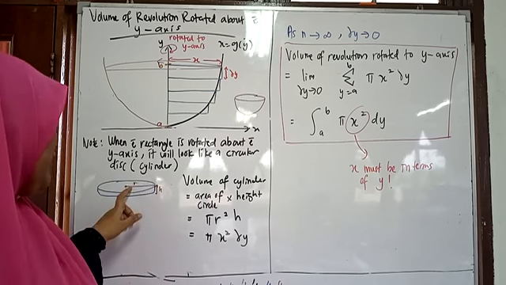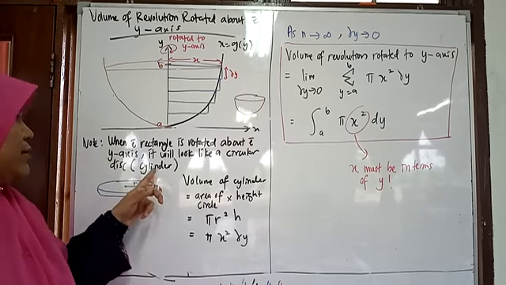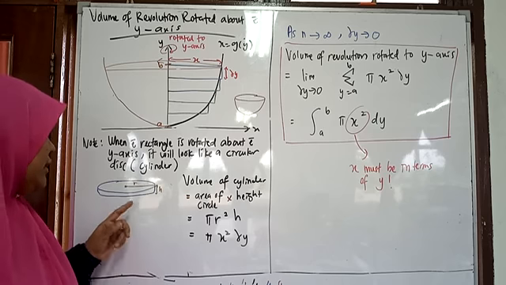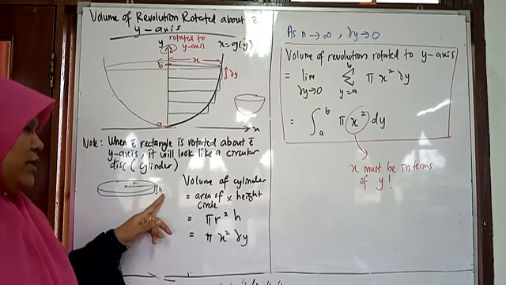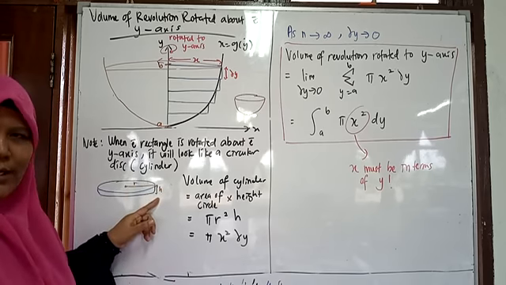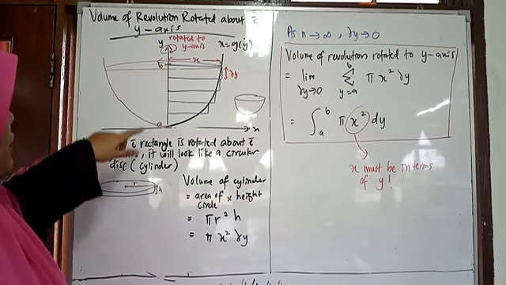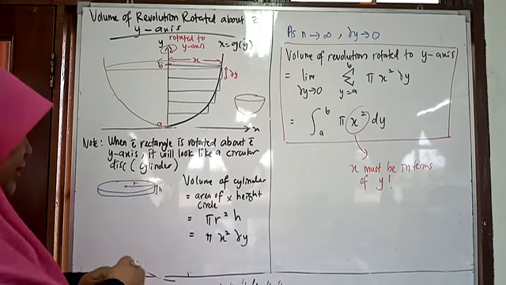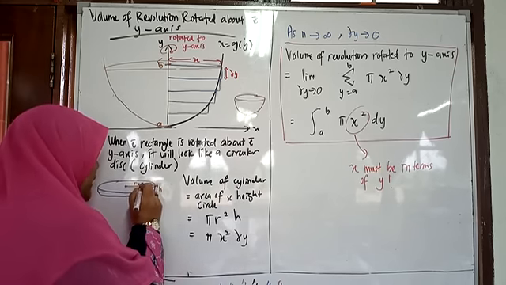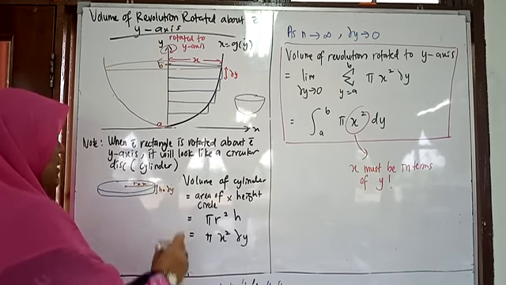So we have from this disc, in which we said the disc is in the shape of a cylinder. This is our radius and this is our height. The thickness of the cylinder is the height of the cylinder. If we compare this one with this one, we can say that the radius is actually represented by x and our height represented by delta y.